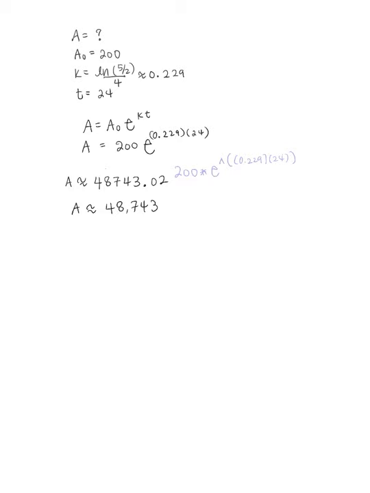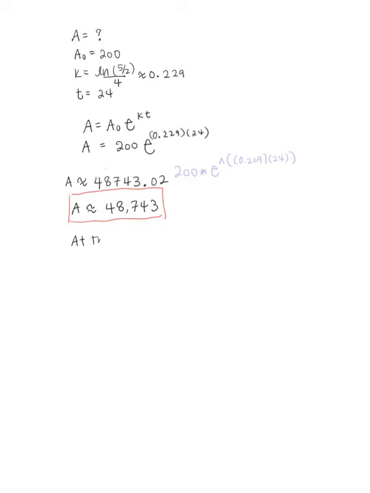Let me just box this. So what we have just solved for is that at our rate K, which was approximately 0.229, after 24 hours you can expect to have 48,743 bacteria.